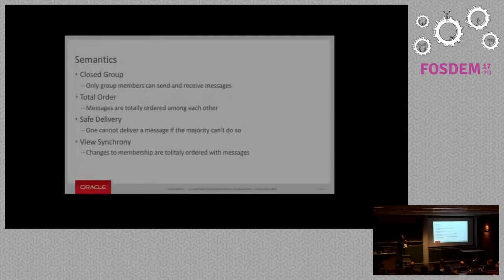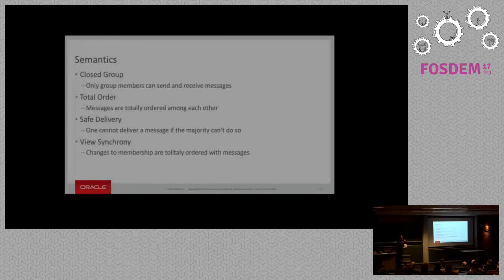This was one of the key issues with Corosync. Corosync didn't provide safe delivery, which means that a node could get a message, do something with it and fail, but the other nodes wouldn't get it. So basically you could have inconsistency in your cluster. And that's why I decided to use our in-house implementation.